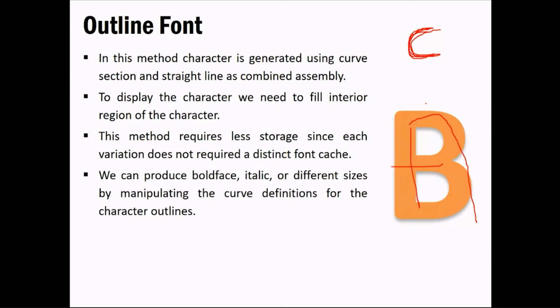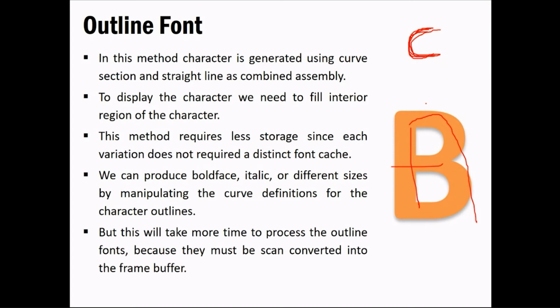But more programming is required in this outline font case. Similar things can be derived with the help of the curve definition. This will also take more time to process the outline font, because they must be scan converted into the frame buffer.